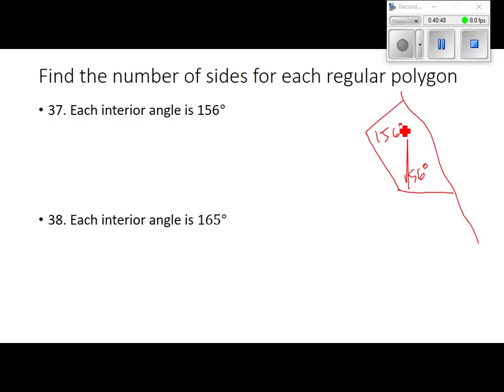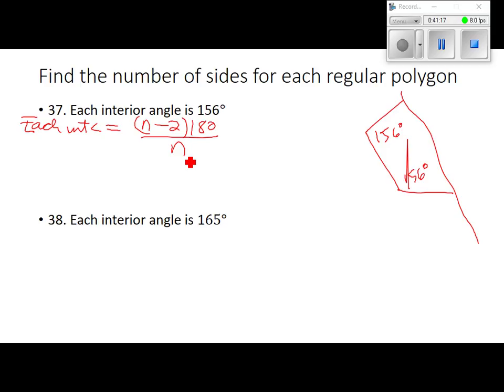How could we go about figuring out how many sides it has? Now, we don't even know that this is half of it. We just know it got ripped off there. Could we use that formula? Each interior angle should equal n minus 2 times 180 divided by n.